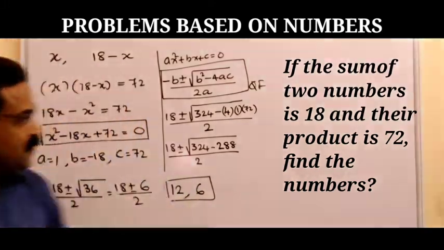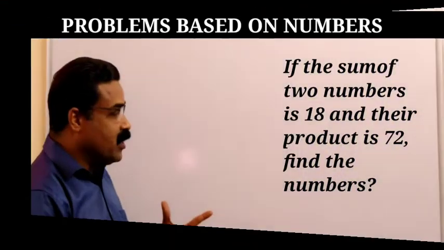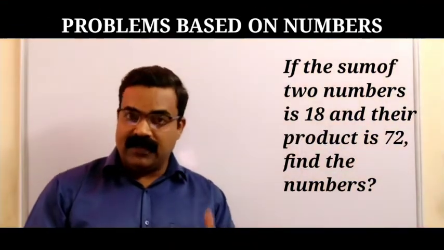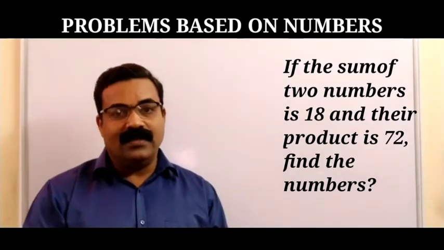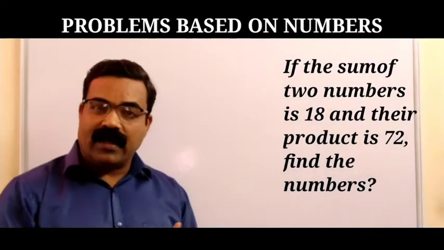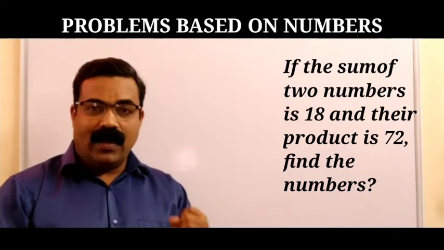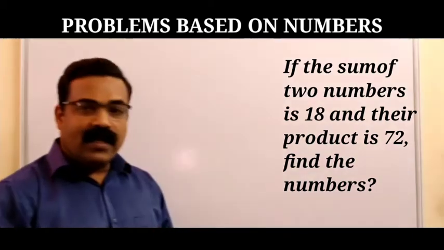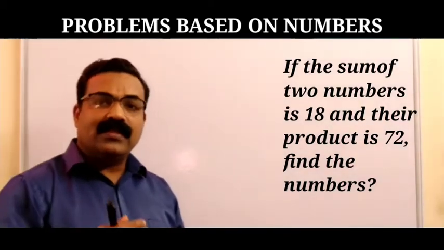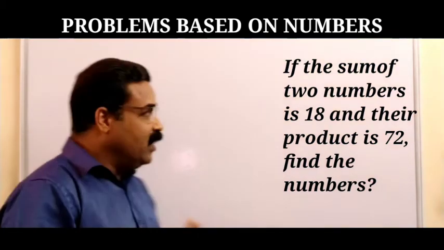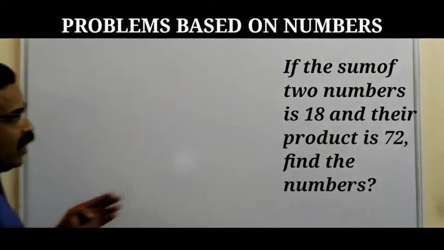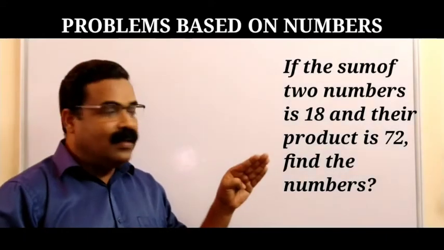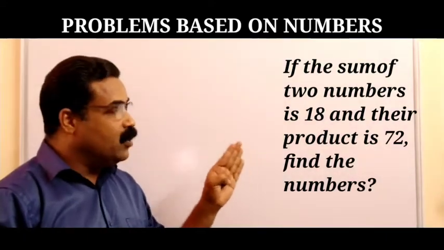Please note it. Let us solve the same question with a different method. We have seen the first method, in which we used the quadratic formula and got the answer 12 and 6. But the same question can be done in a different method. Again, two numbers, when you add you get 18, and when you multiply you get 72.